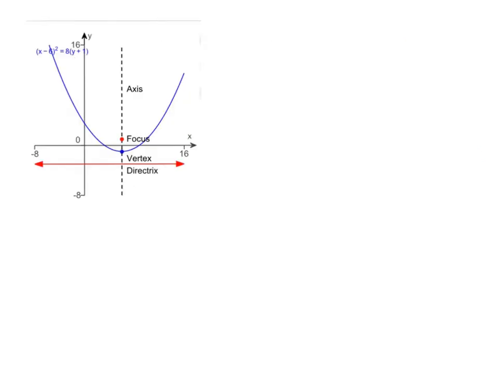On the previous slide, we looked at a parabola in general form sitting on the origin, x squared equals 4py. This is considering that our parabola is sitting on the origin. A lot of the parabolas that we look at are going to have a little bit more to them. They're going to have shifts to them.